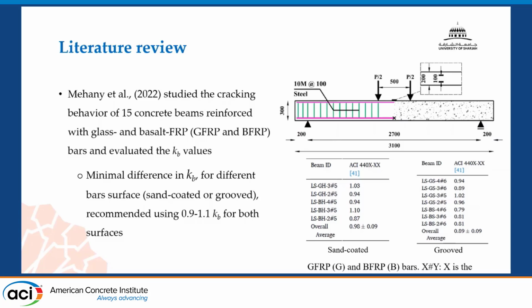The conclusion shows that there is minimal difference in k sub b for different bar surfaces when you compare sand-coated and grooved, and a recommendation was made of using between 0.9 to 1.1 for k sub b for both surfaces. And I see that Carol Shield is here in the audience, so she probably should be the one standing here and giving this talk.